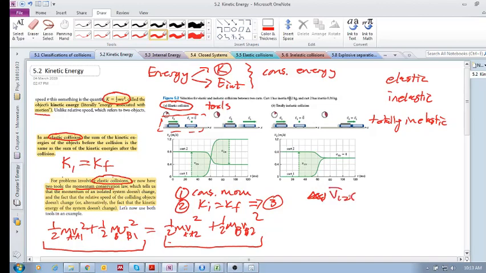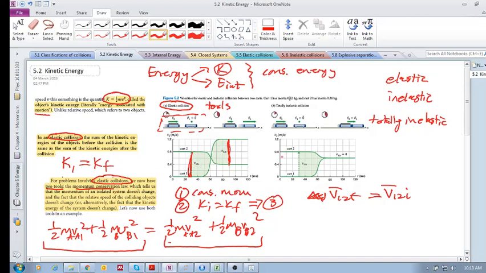V12 final equals V12 initial, meaning the relative velocity after equals the relative velocity, or relative speed, before. Those are our tools for an elastic collision.